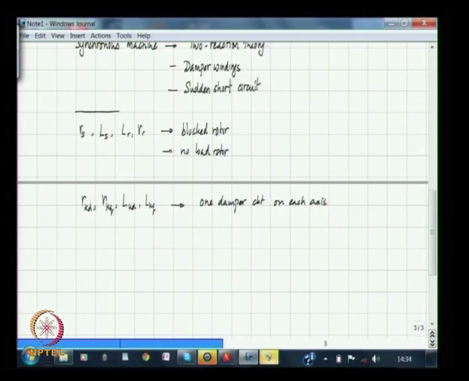Now is it enough to have one damper circuit on each axis, or do we need more, because how many such circuits are necessary is not very evident. There is no physically identifiable single circuit which says this is my D axis for the damper, or this is my Q axis electrical circuit.